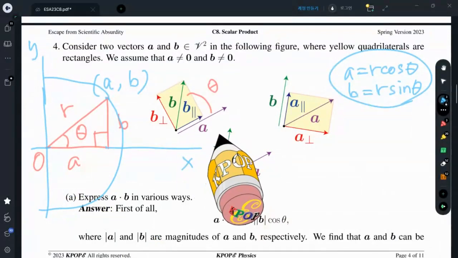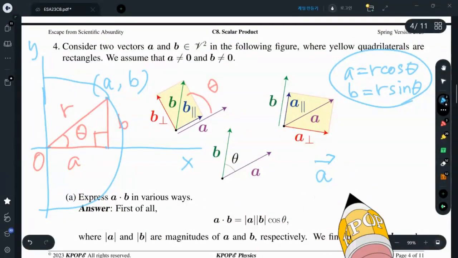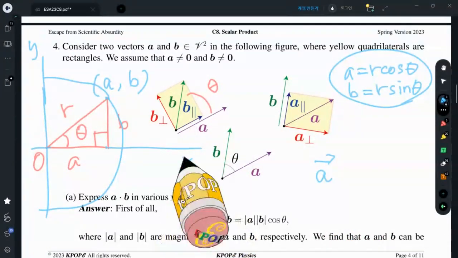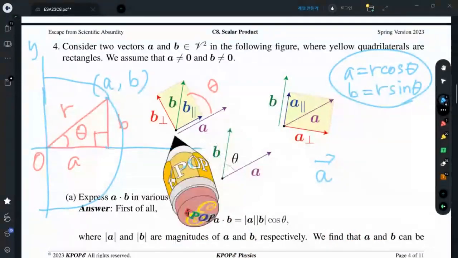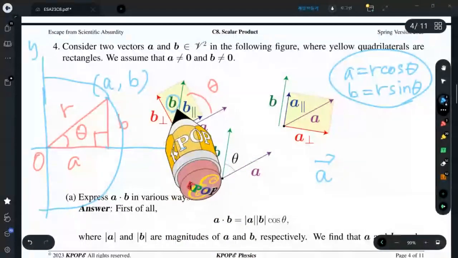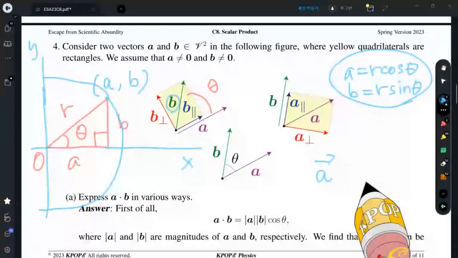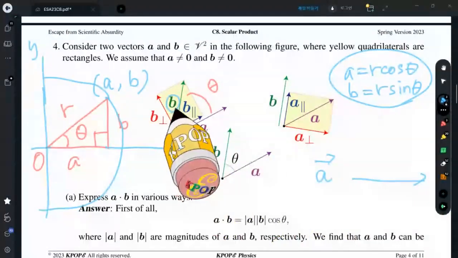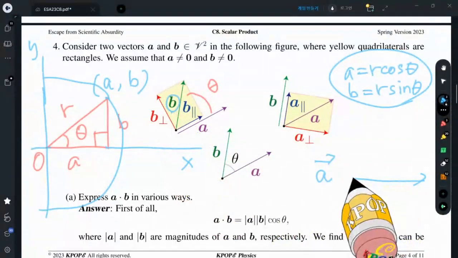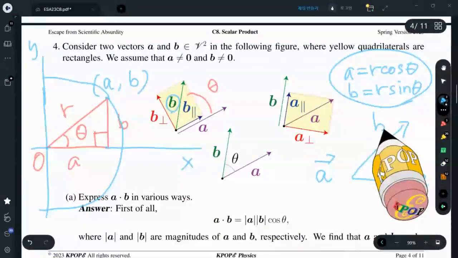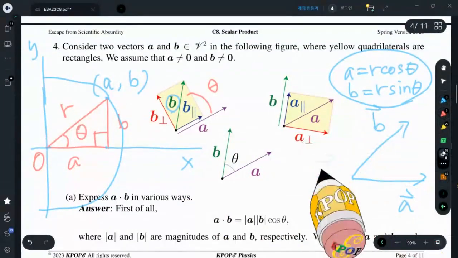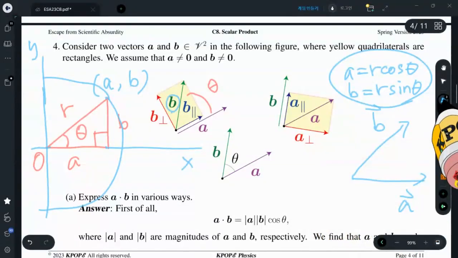So A can be divided into two pieces, and B can be divided into two pieces. We have A here, and B there.